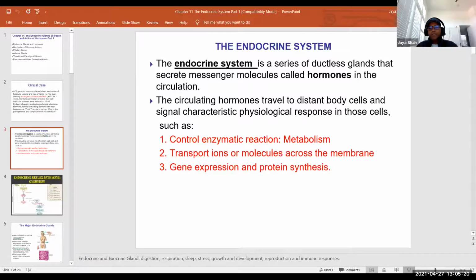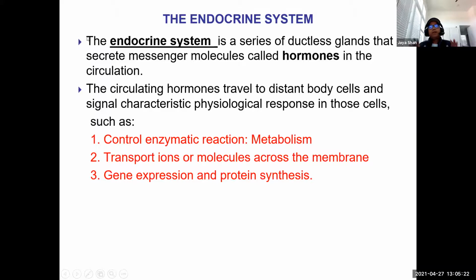Okay, so once we talk about the endocrine system, let's go a little bit into histology of the glands. All the glands in the body, name it, like salivary glands, the pancreas, the thyroid gland, the sweat glands, the sebaceous gland, all these glands originate from epithelial tissue.